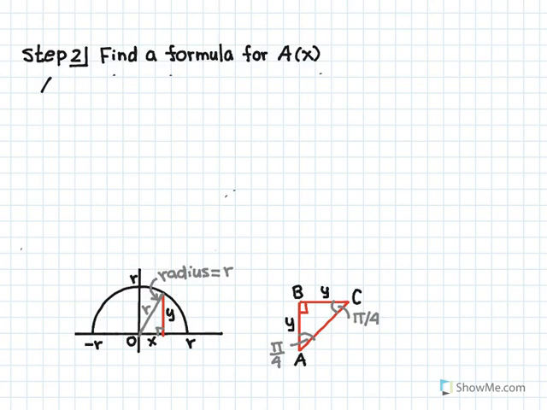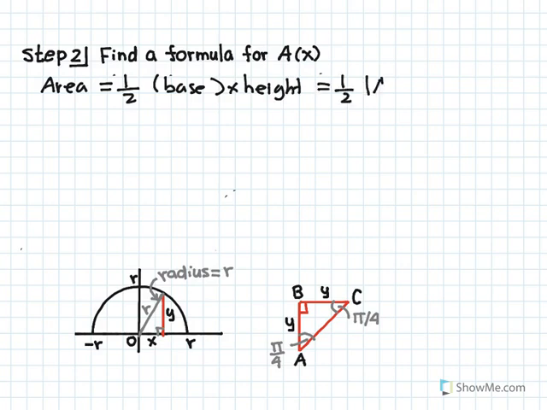We know that the area of a triangle is 1/2 the base times the height. So that's 1/2 of the base, which is the length AB, times the height, which is BC. That's 1/2 y times y.